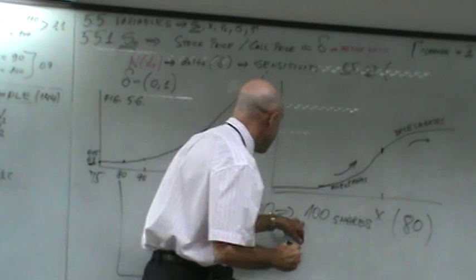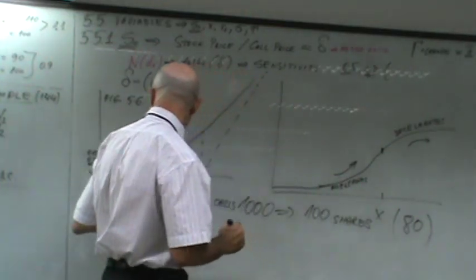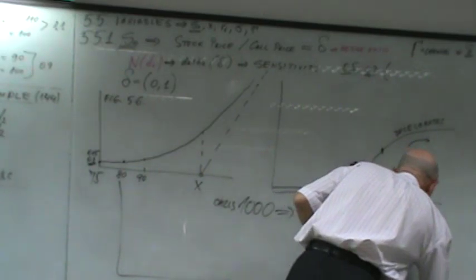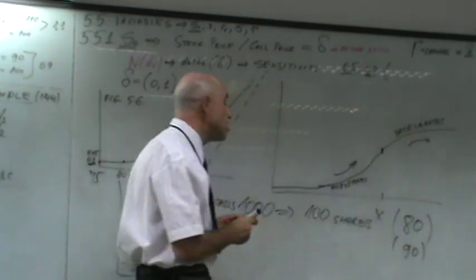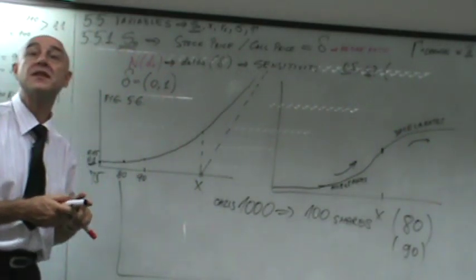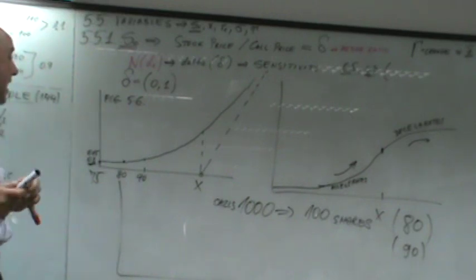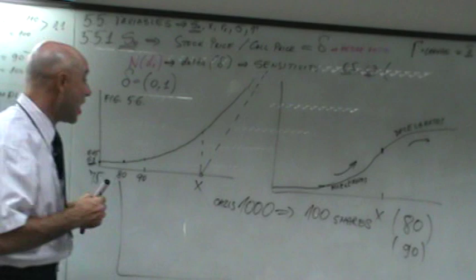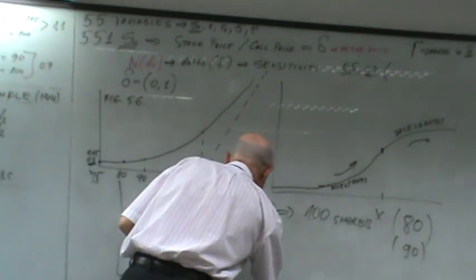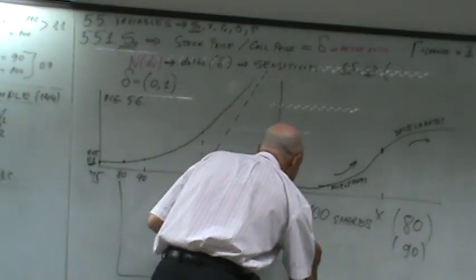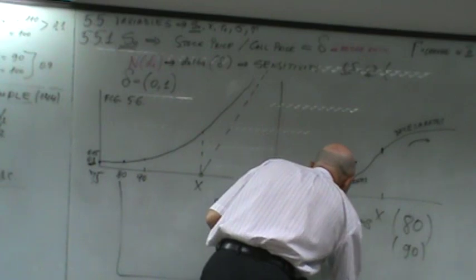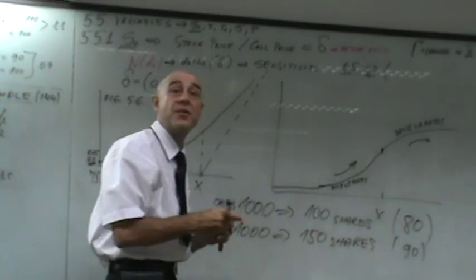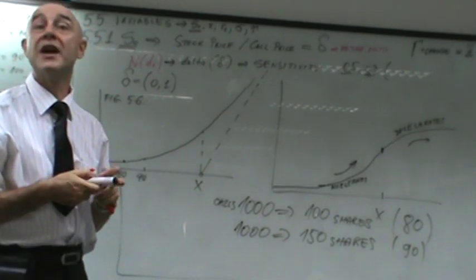Well, when the price goes to 90, how many shares do you need? 150. You needed 100 for the same 1,000 calls, and you need 150 shares when the price goes to 90.